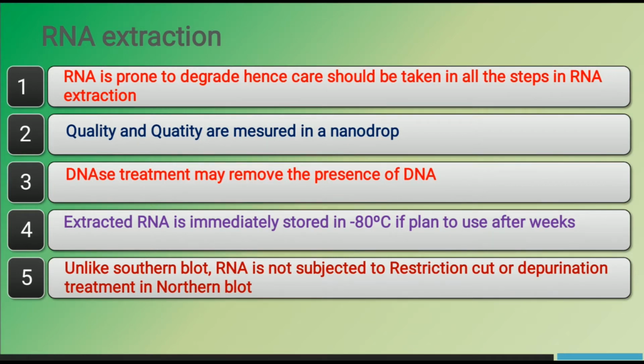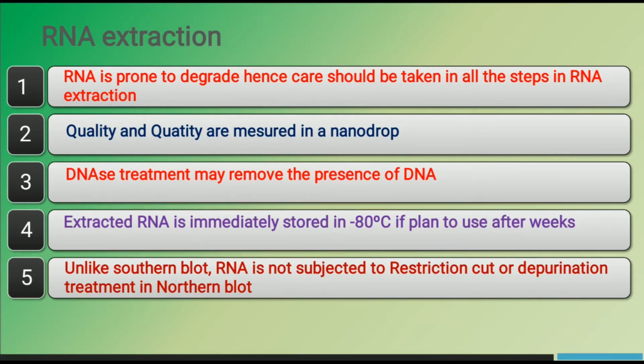If necessary, treat the extracted RNA with DNase to remove the presence of DNA in the sample. The extracted RNA is immediately stored at minus 80 degrees Celsius for up to months or years. Whenever we need, we will take it out and use it for our experiment.